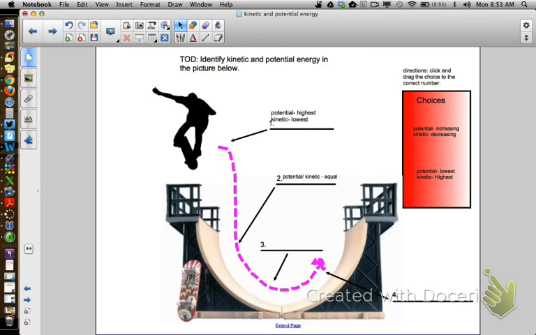At the very bottom, we see kinetic being at the highest point, which means that's the fastest he's going, or he will ever go, and the potential is at the lowest. So at the bottom of the hill, it's the highest kinetic and the lowest potential. But as he's going back up, notice what's happening.